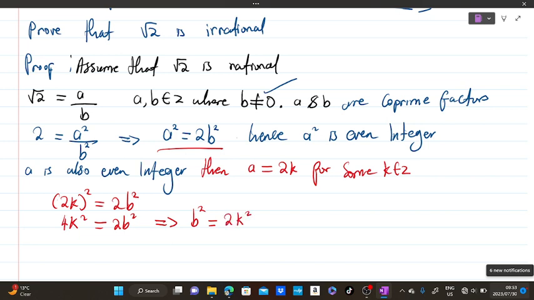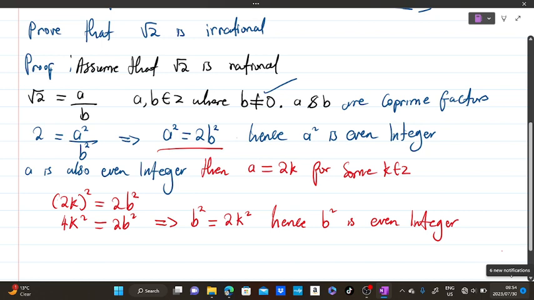So this means that b squared is going to be an even integer. Hence, b squared is an even integer, and if b squared is an even integer, it means that b is also an even integer.